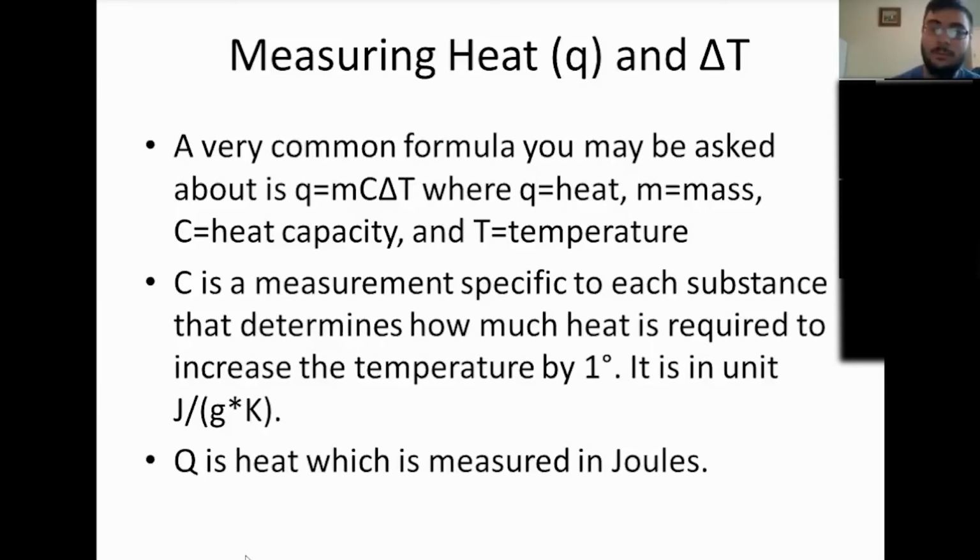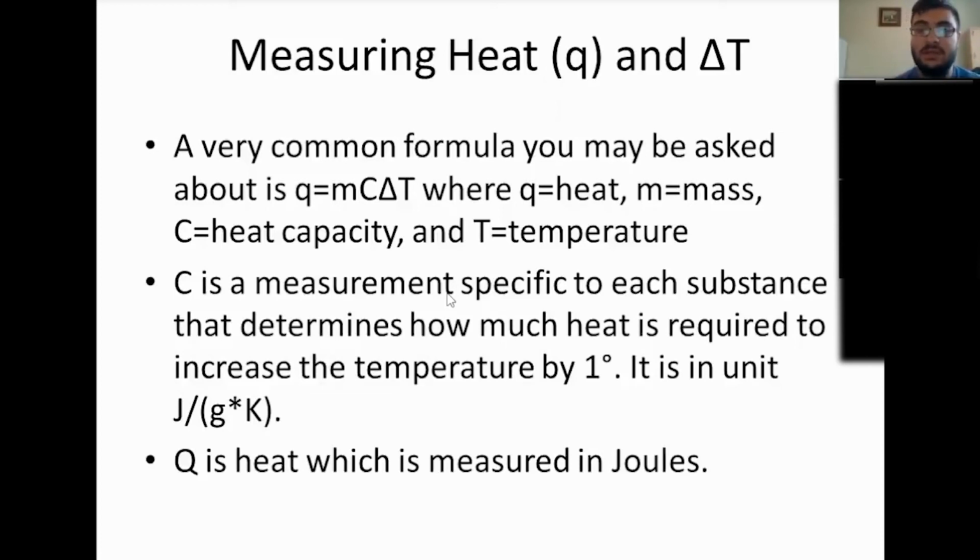Yes. Would the MCAT ever give us other units for the heat capacity? I think I've seen problems with joules per gram per calorie. Would it always be joules per gram per Kelvin? From what I've seen, it's only in joules per gram per Kelvin.